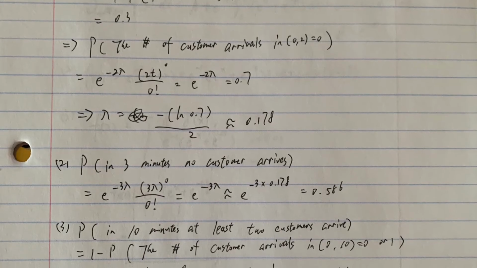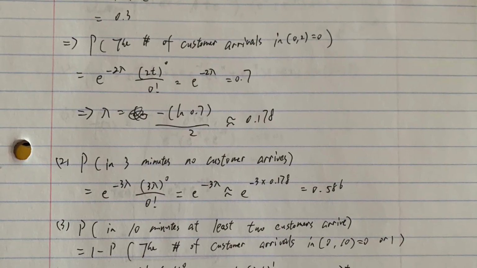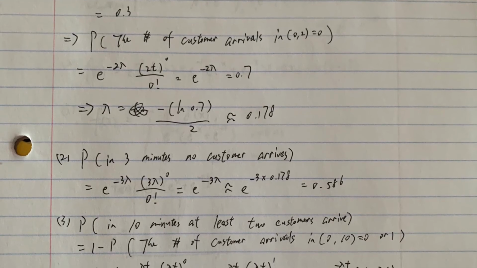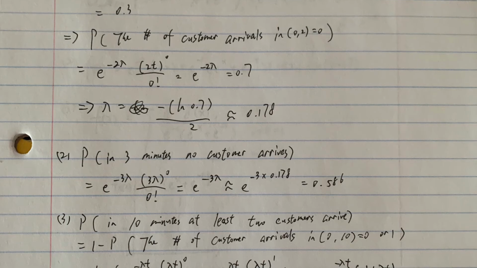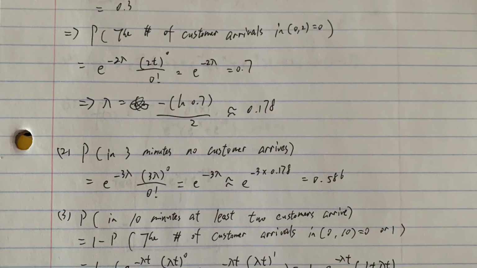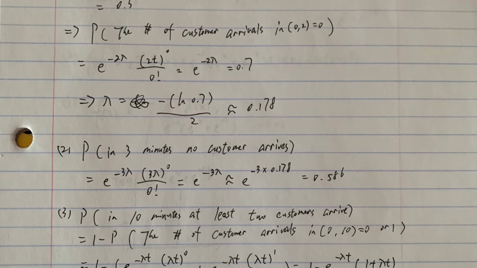So we get e to the power of minus 3 lambda equals e to the power of minus 3 times 0.178. So the answer is 0.586.